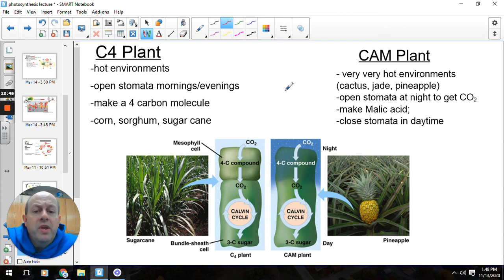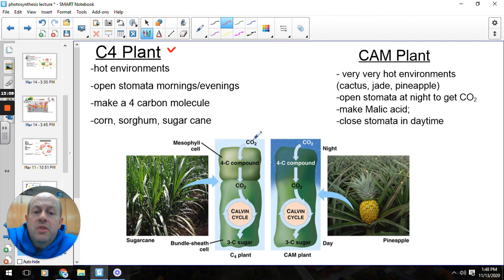But if it's really hot, when you open the stomata, you're going to lose moisture. And if you're a plant, that's the one thing that you cannot afford to lose. And so in really hot situations, tropical environments, then plants will have to use an alternative strategy. And so some of these are called C4 plants.